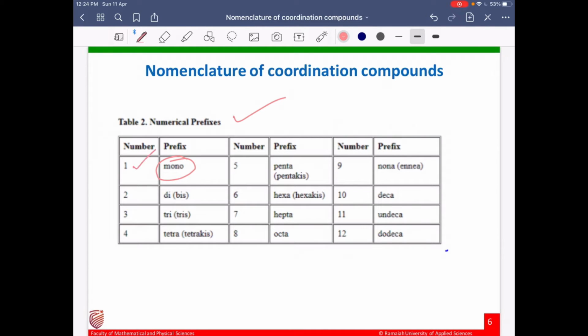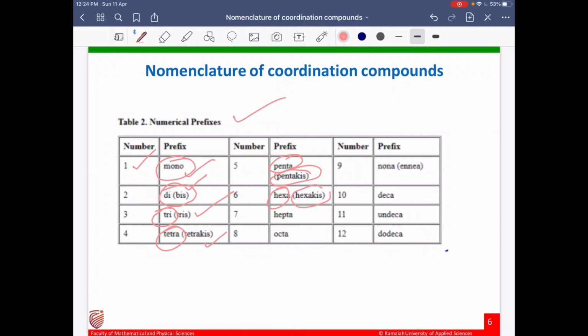If one ligand group, it's mono. If the same ligand is repeated twice, then it will be di. If it is a polydentate, instead of di, we will use bis. If it is three, then tri. For polydentate, we will call it tris. For four, tetra, tetrakis. Penta, for polydentate, pentakis.